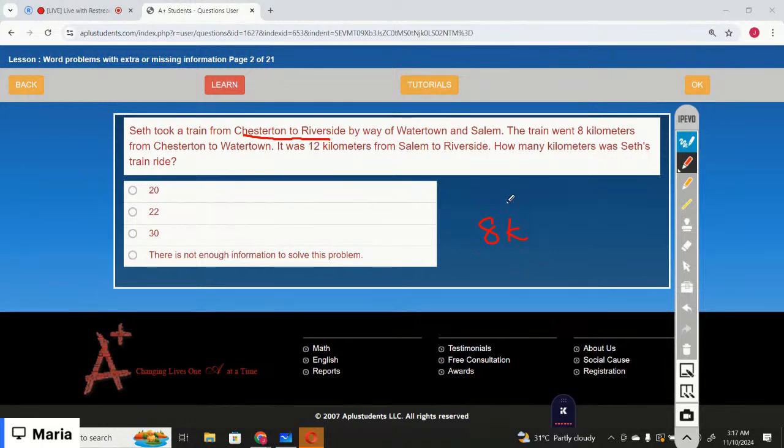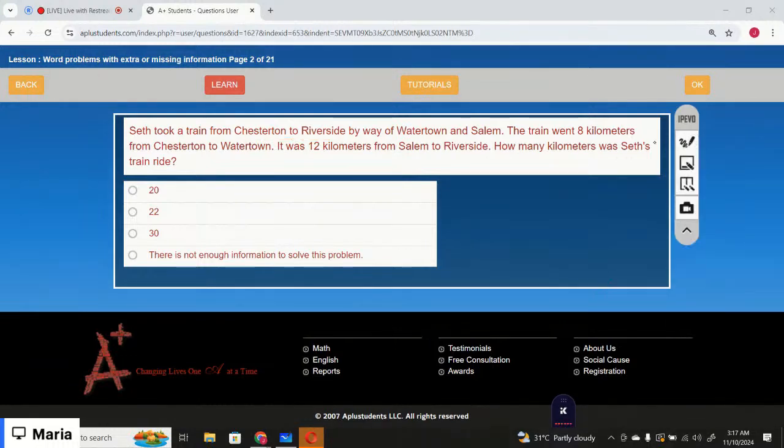It was 12 kilometers from Salem to Riverside. So you need to add 12 kilometers plus 8 kilometers, which is 20 kilometers. That means the train ride is 20 kilometers. Got it? Option number 1 is the correct option. 20 kilometers it is.